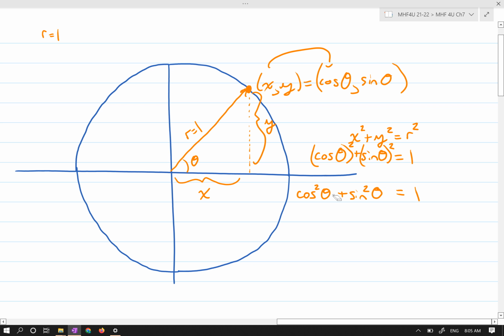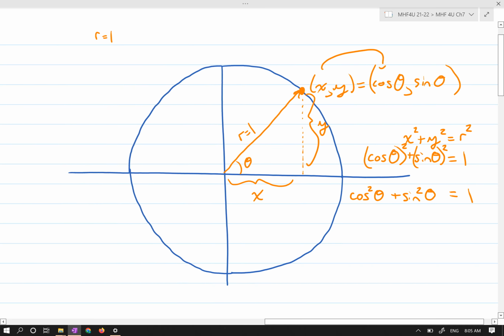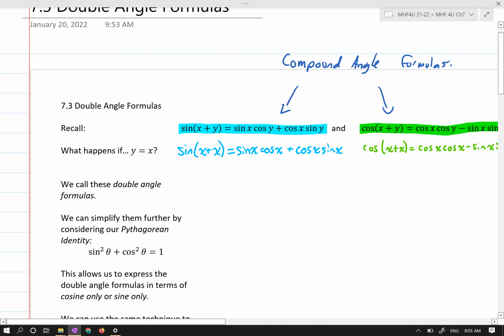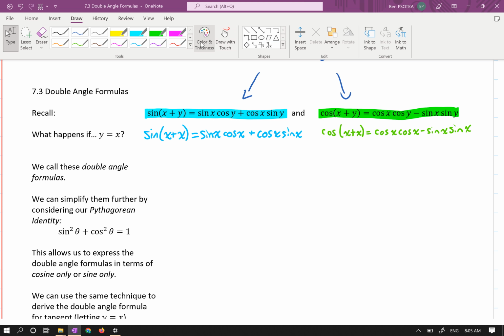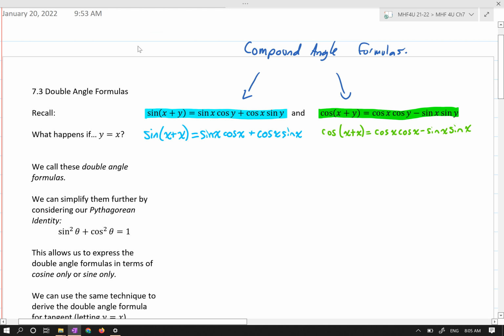Now, if you would like, you can copy this down on some scrap paper on the side of the note, but that is an identity that we're going to be using as we work through finding our compound angle formulas. Now let's consider here, we already know our compound angle formulas from yesterday, and I have chosen two of those formulas.